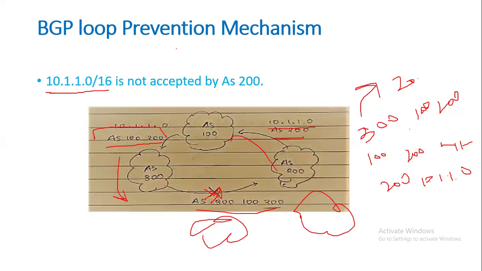And if it is going from 300 to 100, they can see, okay, I have already seen the route 10.1.1.0, so I'm not going to accept it. So that is the path vector as well as the loop prevention mechanism for BGP. It's very, very important.